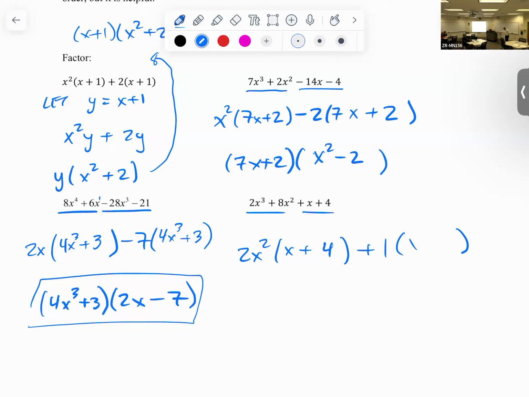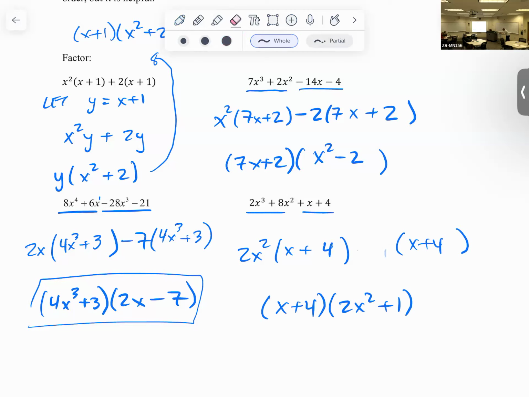Anya? x plus 4. I pull that all the way out. And the big thing is I see people, when they don't write it, they have something like this. And when you pull your x plus 4 out, they're like, oh, times 2x. But that is absolutely not correct. Keep that +1 there as a placeholder, because it identifies what remains of my terms.